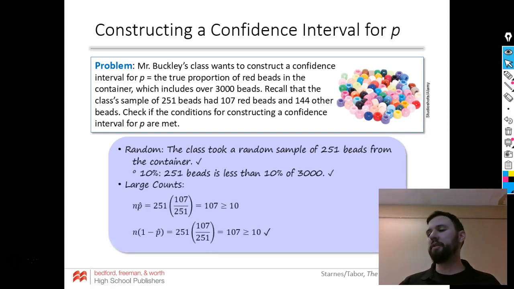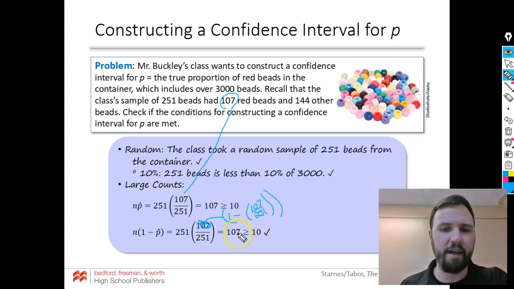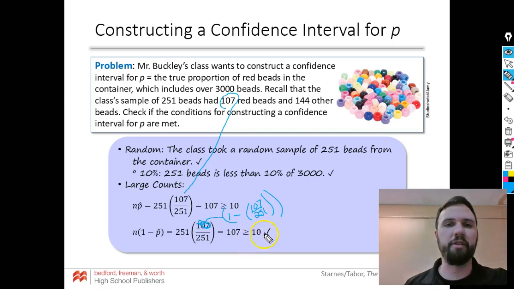Lastly, we find our proportion of red is 107 over 251. That times 251 is bigger than 10, and that times, that's not right. That should be 1 minus that, which when you calculate it out, is actually like 140 something. It's still bigger than or equal to 10. So it still checks out even though I was wrong there.